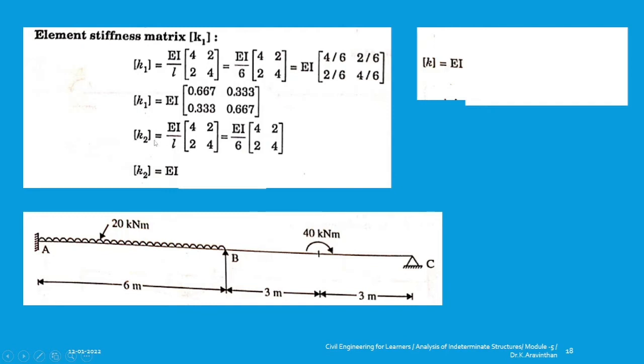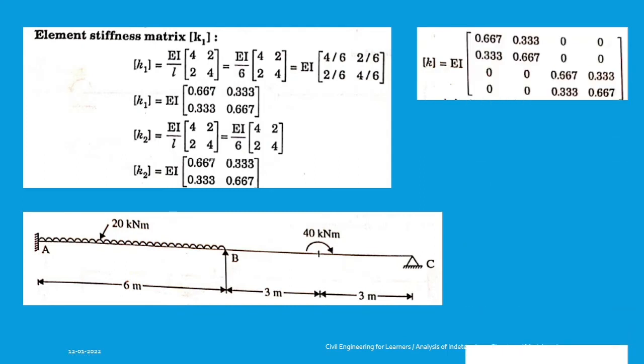Like that you can find K2 between B and C. Now for the stiffness matrix B to C, the span length is 6 meter. The same way you can divide all the components, you will be getting EI. So K1 and K2 both are in terms of EI. You can take it outside and you will be getting the element stiffness matrix, EI times the 2 components. The rest of the off-diagonals will be 0 here.